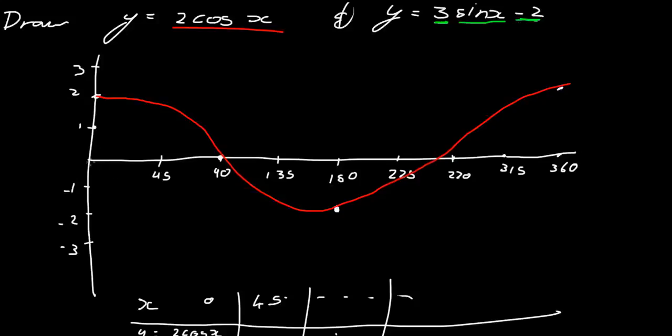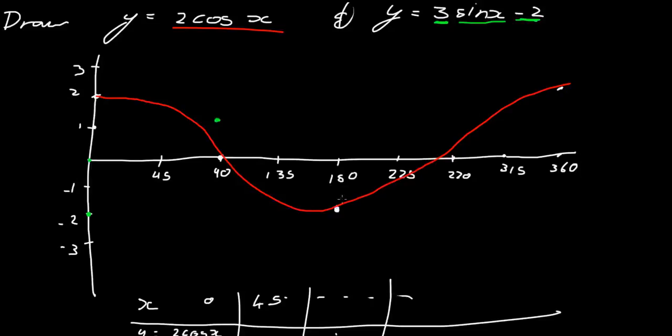So usually with the sine graph we'd start at 0, but it's shifted down by 2, so we start over here. Okay, then usually a sine graph goes up to 1, but this is tripled, so it goes up by 3. So it's going to reach that peak at 90 degrees, and that peak is going to be here.